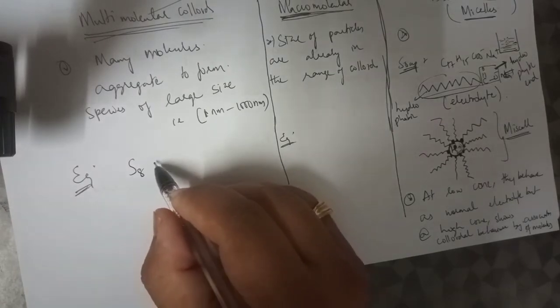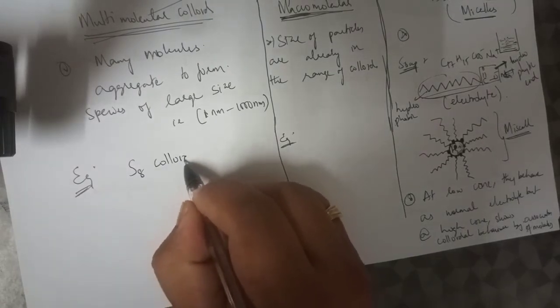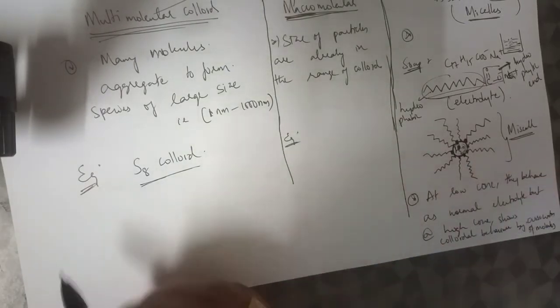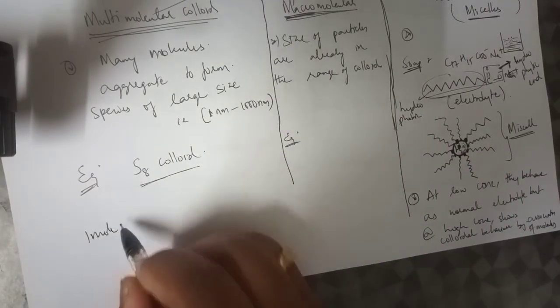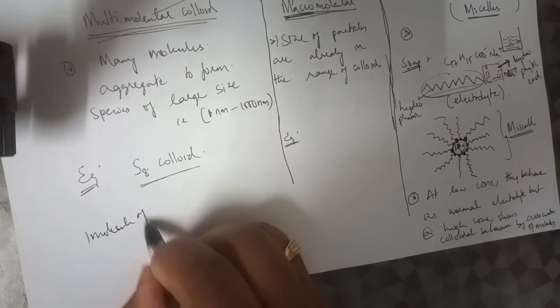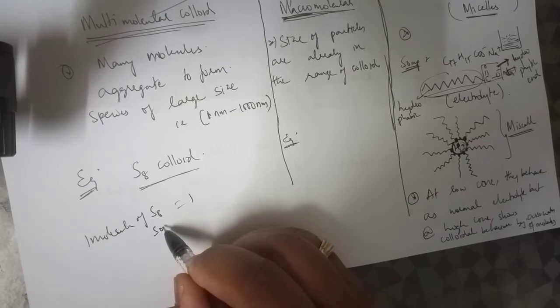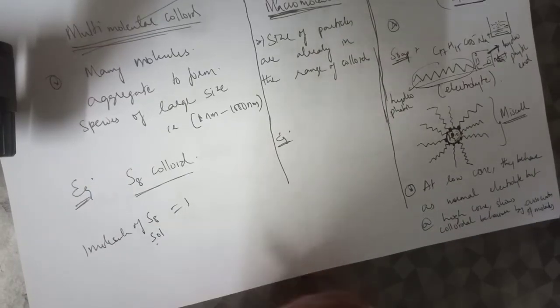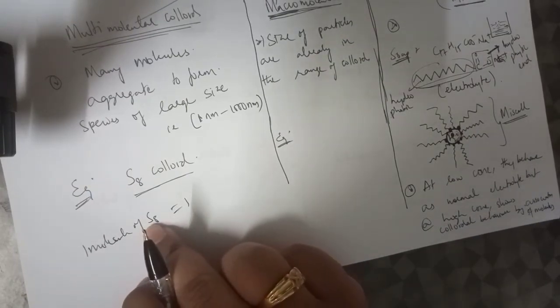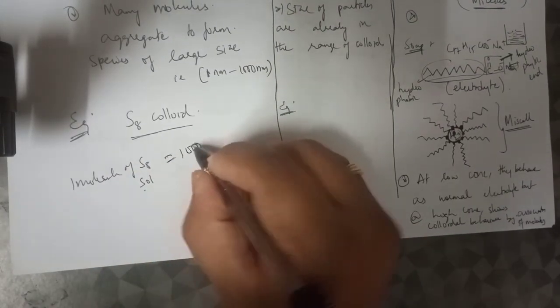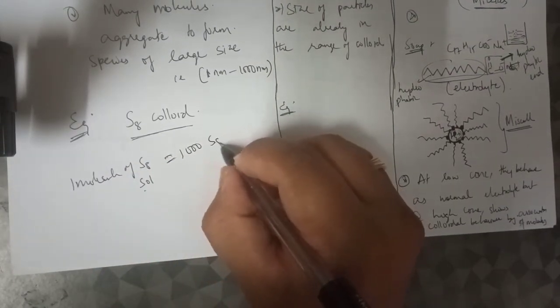But in the S8 colloid, generally there will be some hundreds or thousands of molecules. I'm talking not just one molecule of S8, one particle of S8 sol will have some thousand S8 molecules.